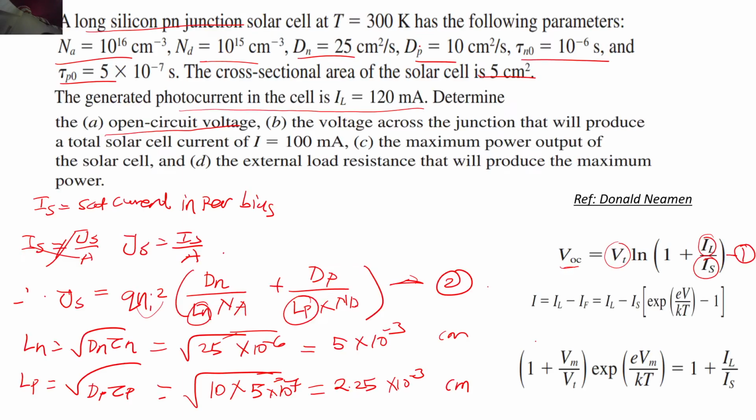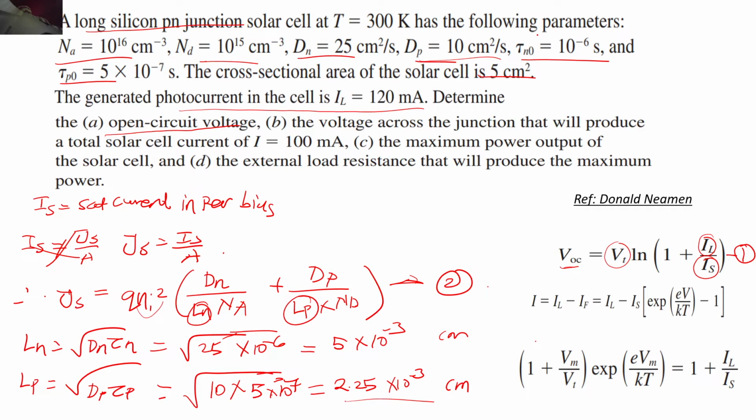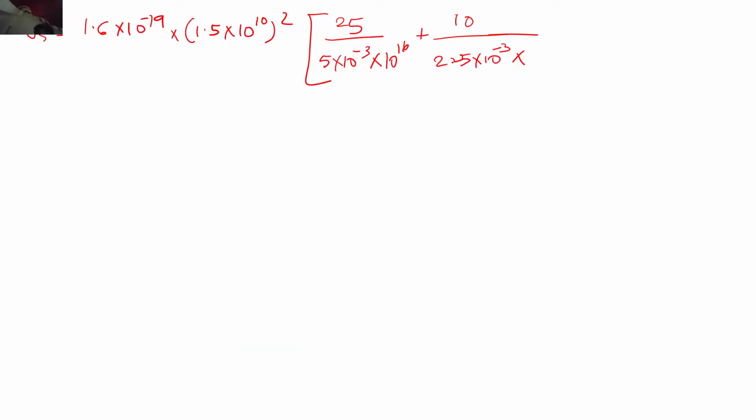Then Dp is 10, and Lp is 2.25 into 10 to the power minus 3, and the concentration Nd is 10 to the power 15.